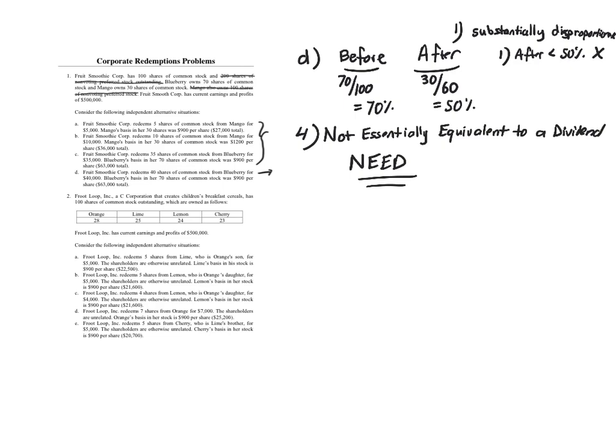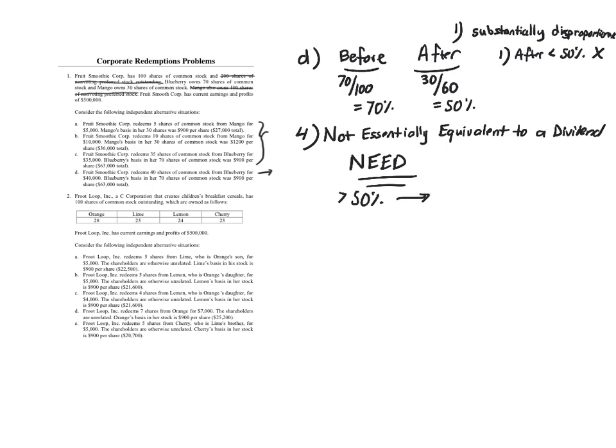So there's really two situations you need to know for this class, for the CPA exam, regarding when not essentially equivalent to a dividend applies. And the first one is the one we're going to focus on here. The first is when you go from greater than 50% ownership, and we focus on voting stock. So in this class, it's going to be just ownership.